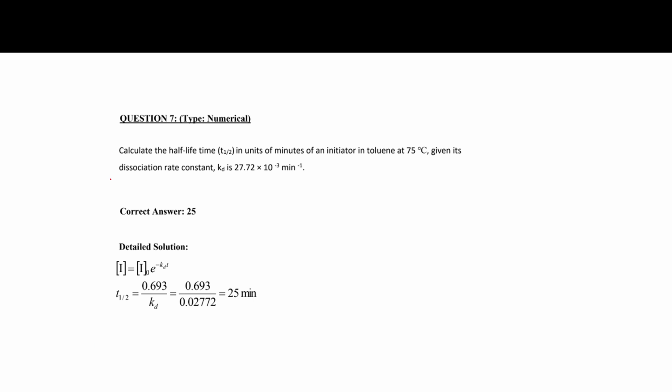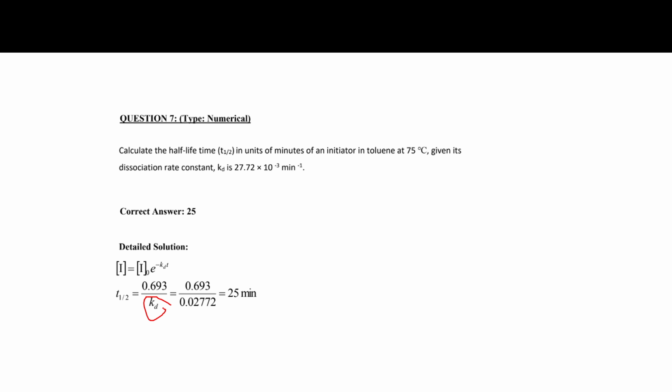Similarly, they will follow first order kinetics if only the degradation of the initiator is considered. From the first order kinetics, the rate constant, the dissociation constant, is given.